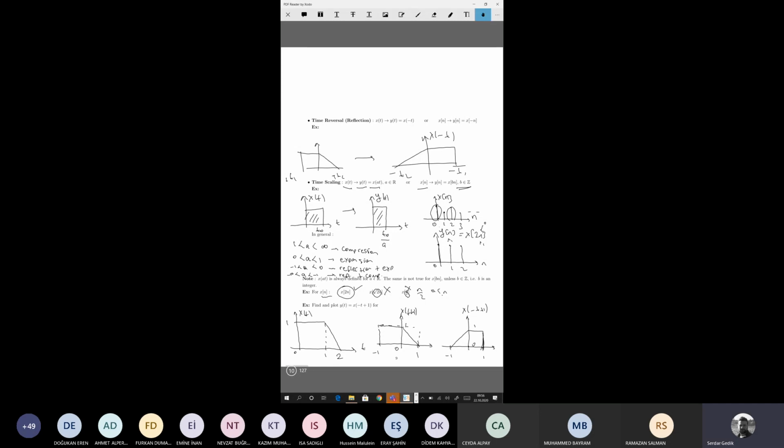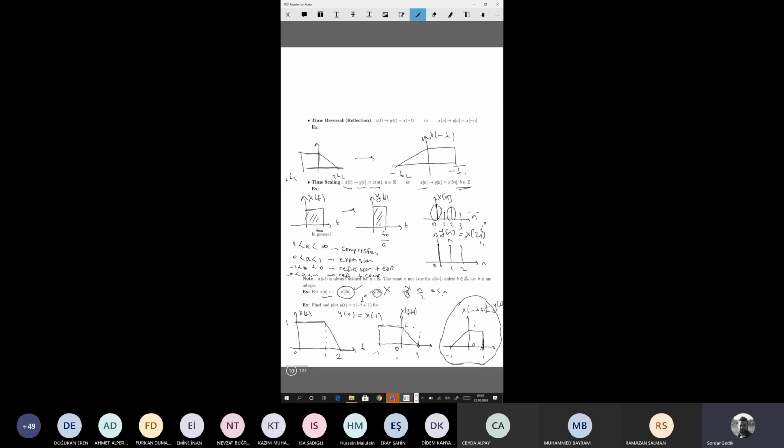Well, the easiest way to check whether your final output signal here is true or not is this. Check the values. So put here 0. So what is y of 0? Y of 0 is simply equal to x of 1, right? Minus 0 is 0, plus 1 is 1. So y of 0 must be equal to x of 1. If you check, this is y of t, remember?